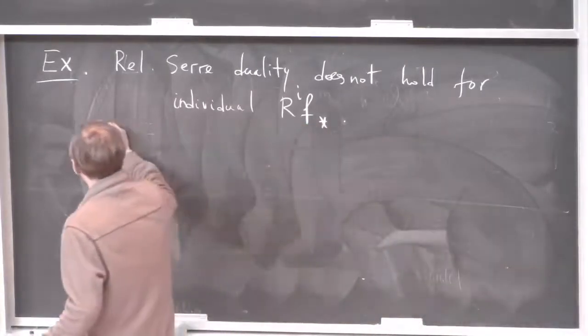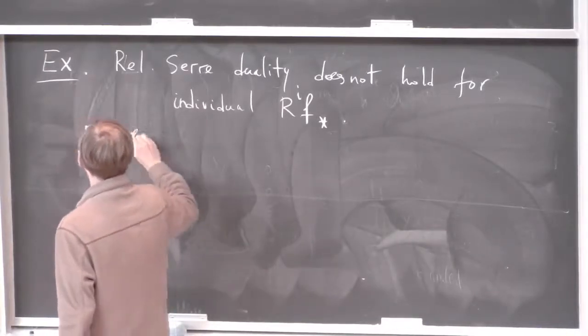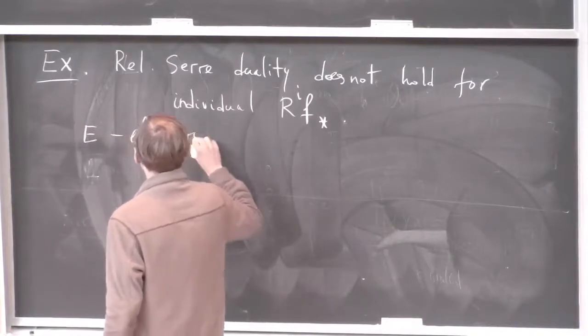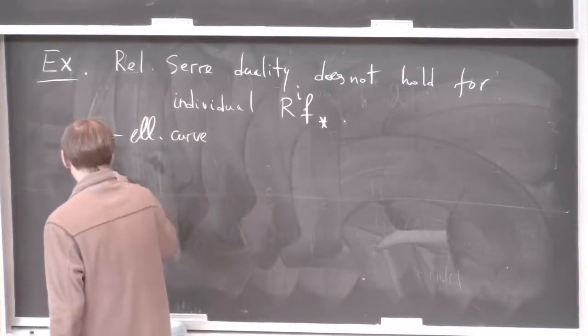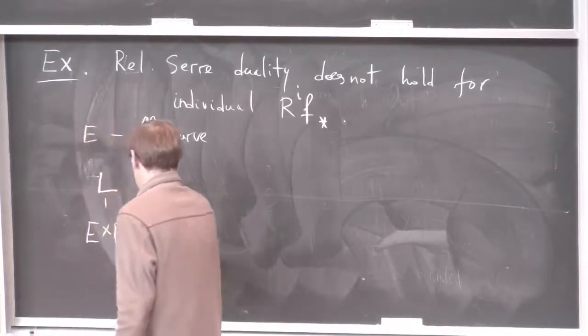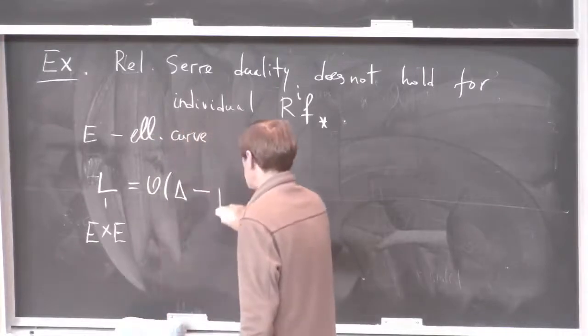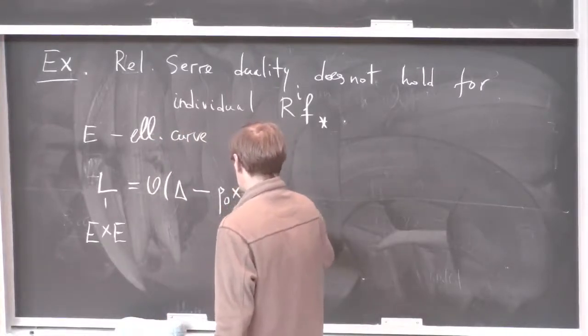So let's take E to be an elliptic curve, and on E × E we have this line bundle L, which is O(Δ − P_0 × E).